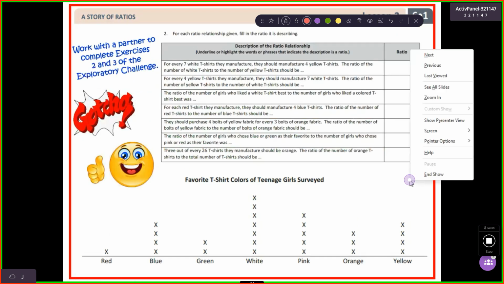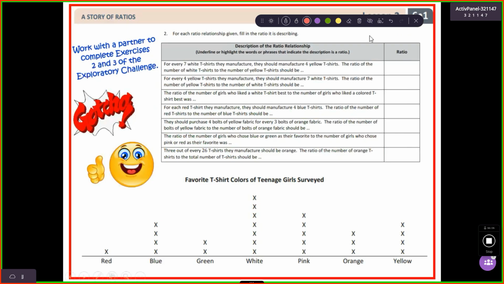So this is where we're at. We are going to write down a ratio for the descriptions here by exactly what they tell us. Order matters.